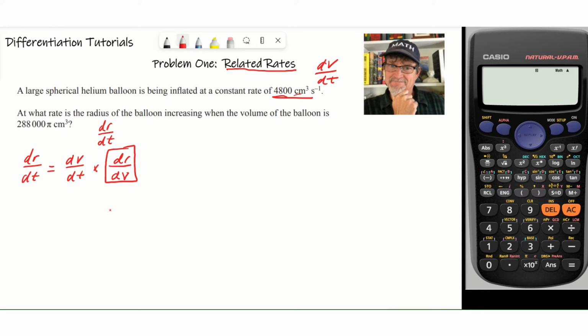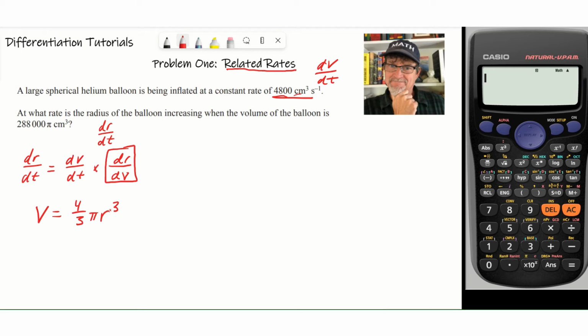So how do we relate these two features of the sphere, volume and radius? Well, it's through this formula here. Volume equals 4/3 pi r cubed. And this is really the key to solving this. So I've just got a V on the left, and all I've got is r on the right. So I can just go ahead and differentiate V in terms of r.